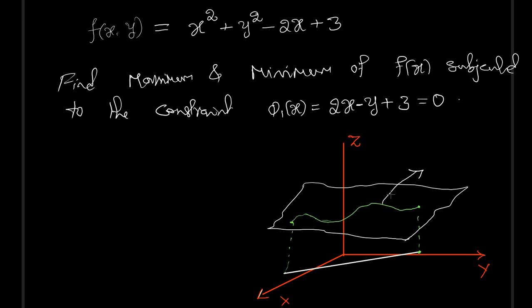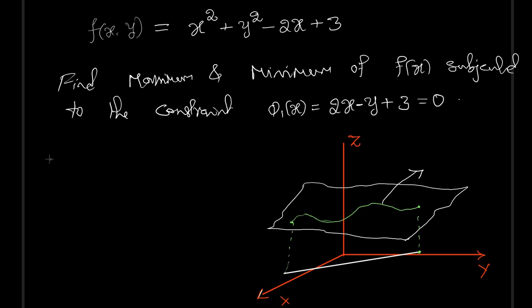It means you are not considering the whole domain. You're actually considering the restricted domain, and the restricted domain is nothing but 2x minus y plus 3 equal to 0. And this problem can be done in two ways. One, using the concept of Lagrange multipliers, and another by direct substitution. So let me explain these two methods.